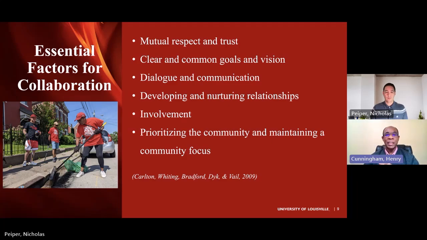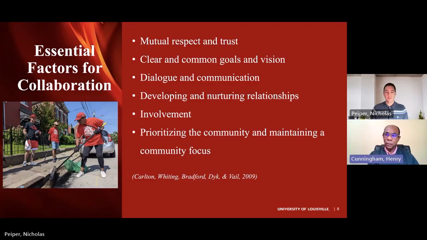And then the last one here is prioritizing the community and maintaining community focus. And this one is very important because as faculty members, we tend to prioritize our own research, our own project. We tend to prioritize our data gathering, our publication, data collection, all that stuff to get scholarly products.